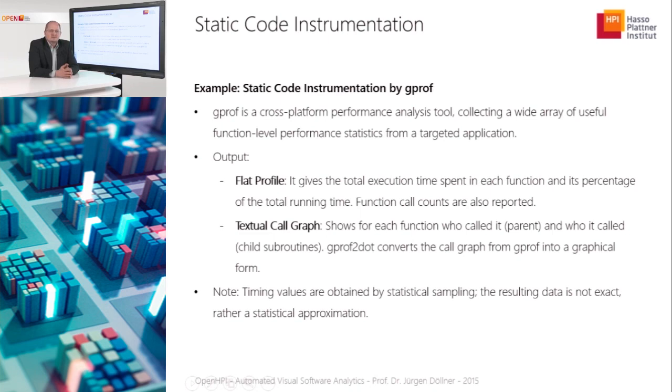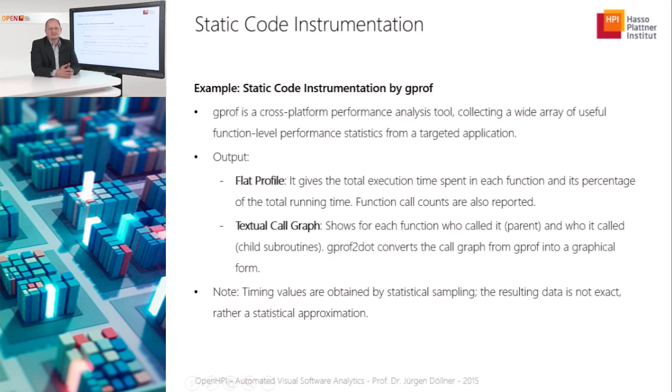Note that gprof obtains its data by a kind of statistical sampling. It interrupts the executing system at very small time intervals, and this way it samples the functions actually executed. But this resulting data is not exact.